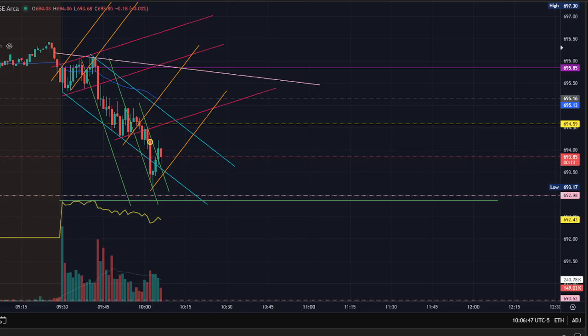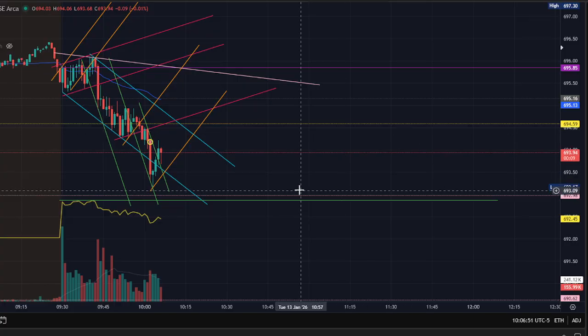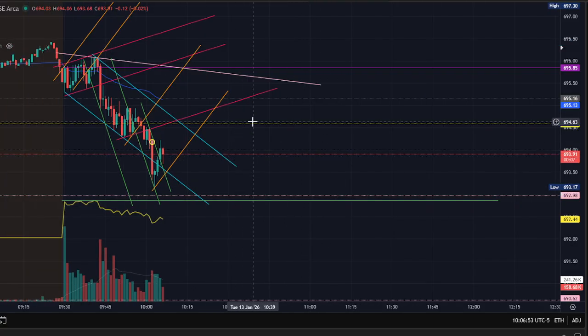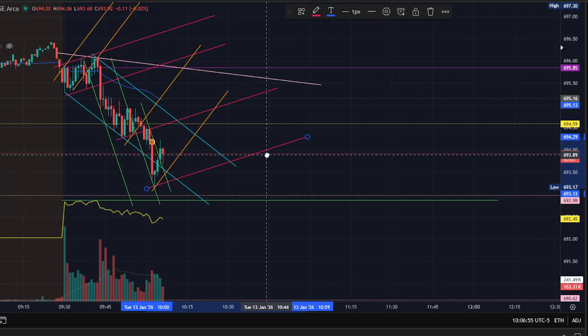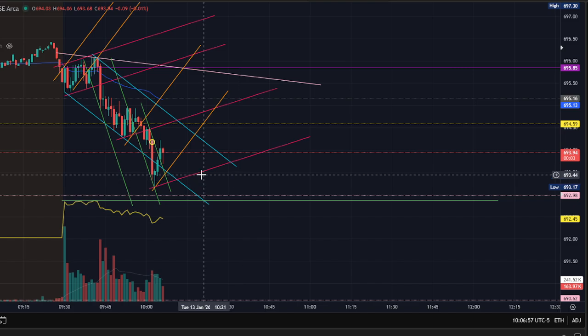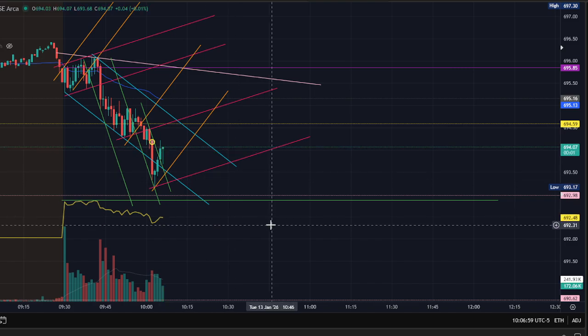Okay, be careful now. Yeah, it looks like the sellers could be getting trapped here. Whatever you do, just wait for teal or magenta, right?